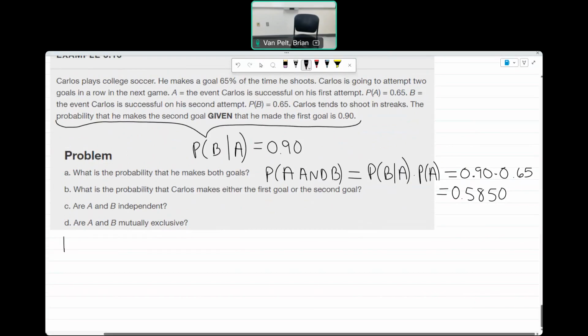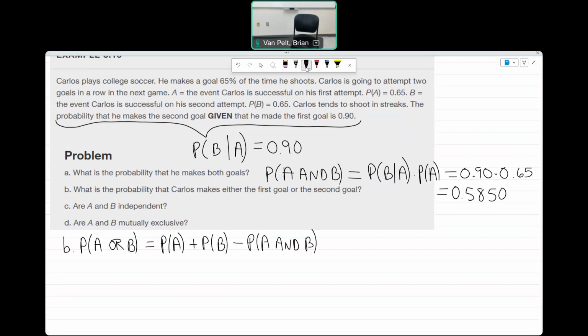So the second question then is the probability of A or B. There's the formula for probability of A or B. The probability of A and B, or both of them, are 0.65.